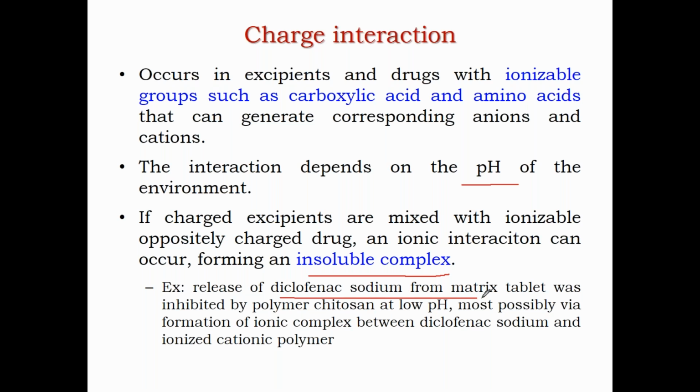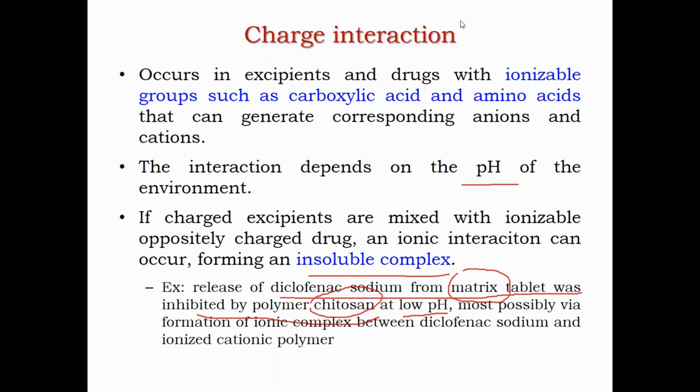Diclofenac sodium, when they prepared the matrix tablet, and we know that matrix tablets are what? One of the modified release dosage forms. So as such, it is a modified release dosage form where the drug will be released very slowly to the GI environment. So what happens? This diclofenac sodium, when it was prepared in the presence of the polymer chitosan at low pH, what happened?